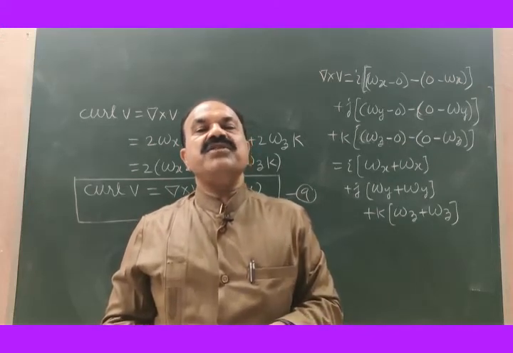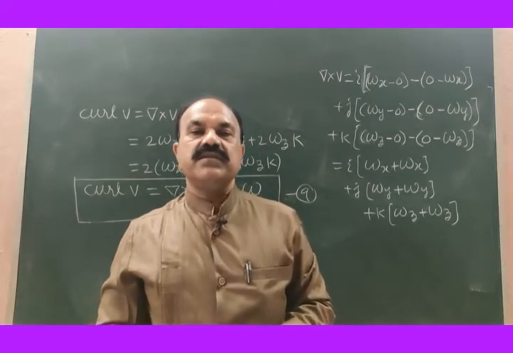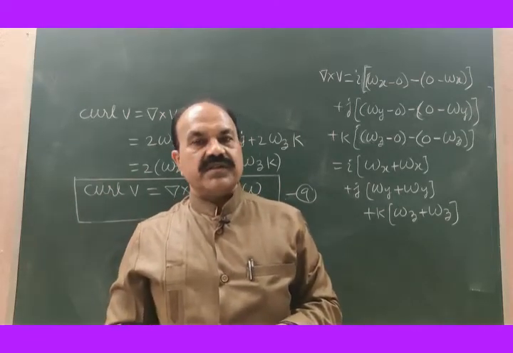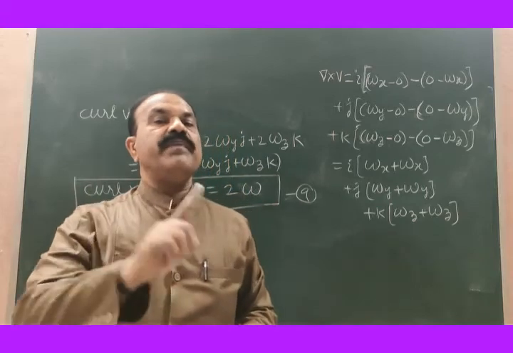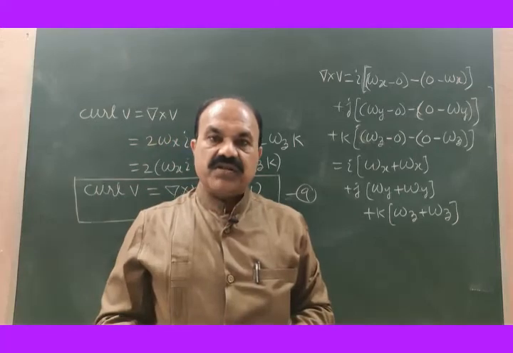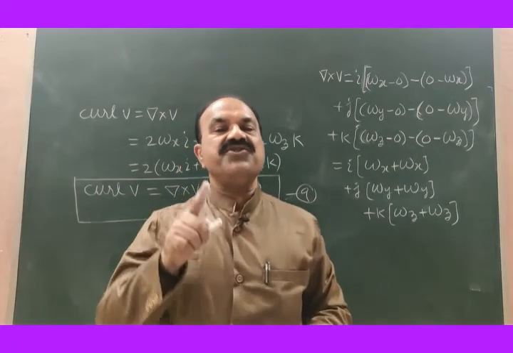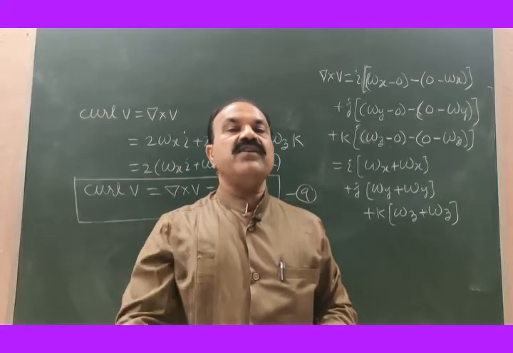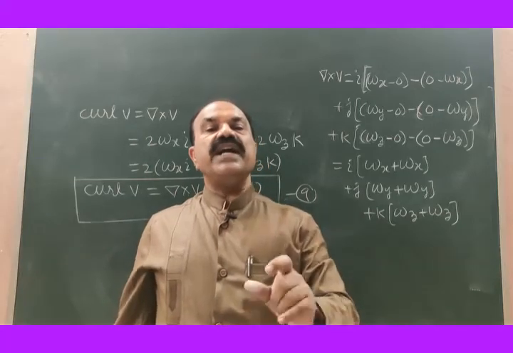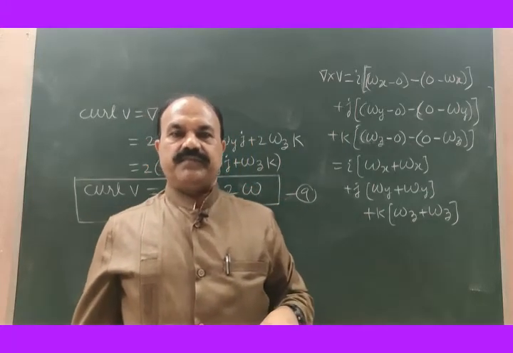Line integration about a closed path of a vector may be 0, may not be 0. If line integration of a vector about a closed path is 0, that vector field is known as conservative vector field.